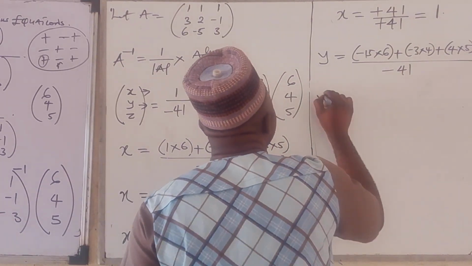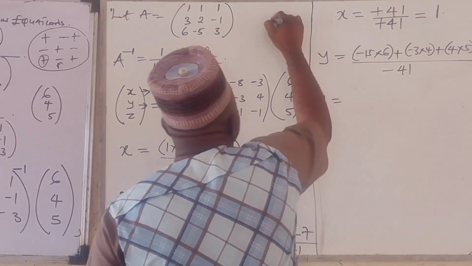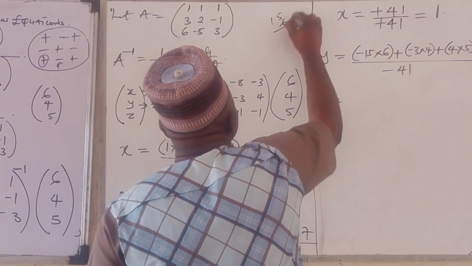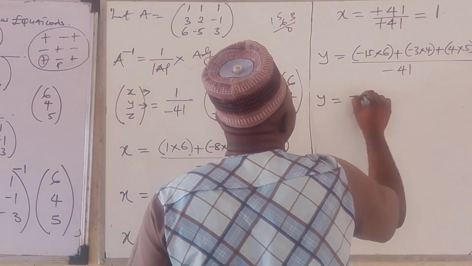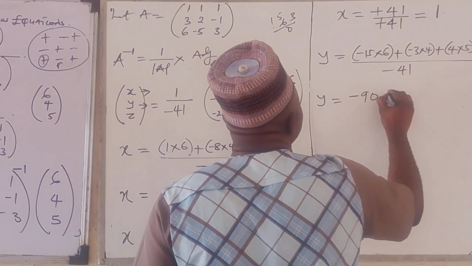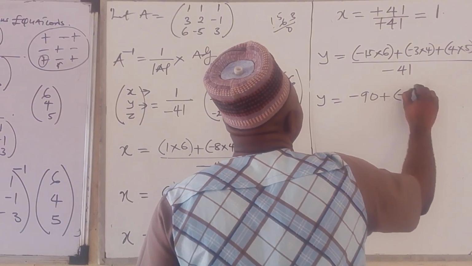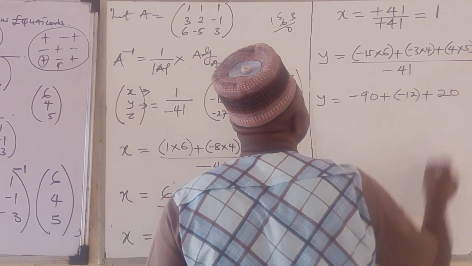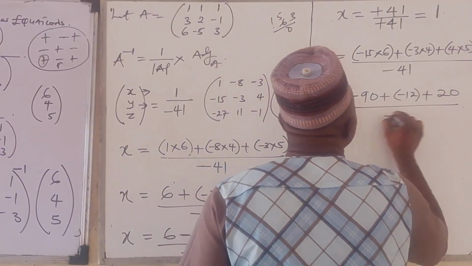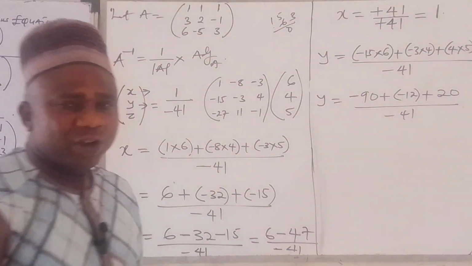So it means here y will be equal to minus 15 times 6. 15, 6, this is 30, so that's 90. Minus 90, then here we have plus minus 12, then here we have plus 20. All over minus 41.